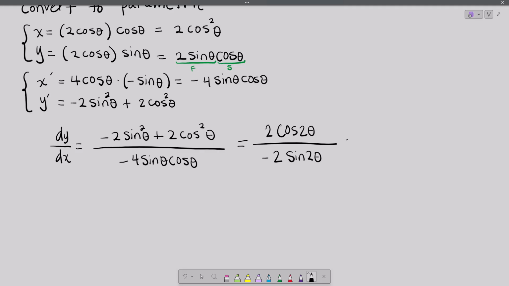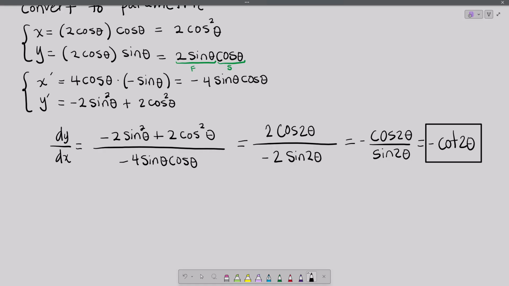And then you could cancel out the 2. And of course, if you really wanted to get crazy with your simplification, what function is that? Cosine over sine is cotangent. So you could, and we do not have to do this in this class, but you could, if you wanted to, simplify it all the way down to that.